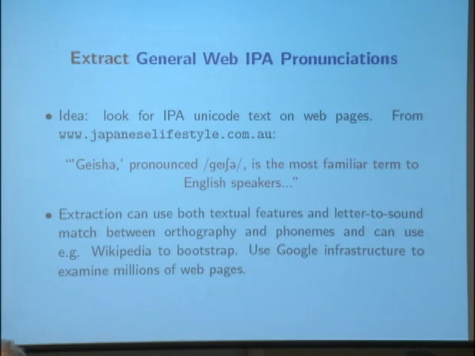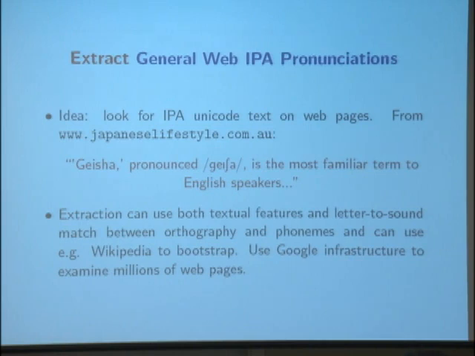Furthermore, these things are not vetted. They're just things that you find on web pages. You can't really be sure that the person even knows IPA. They don't necessarily use characters from the IPA part of the Unicode code space. They'll use anything that they think looks reasonable. So you have to be prepared to look for all kinds of crazy stuff.